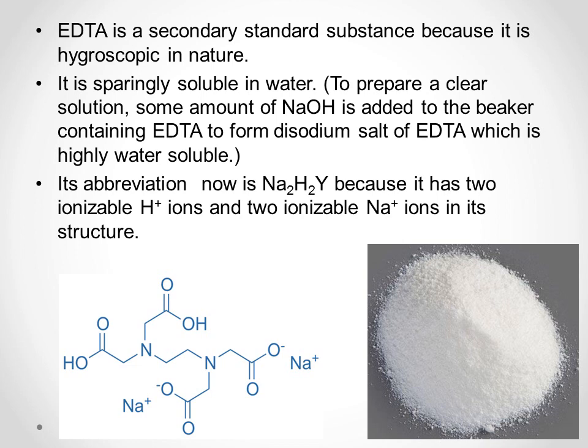2 ionizable H plus ions and 2 ionizable sodium ions are present in its structure. If we talk about the physical appearance, it is shown in this picture, a white crystalline solid.